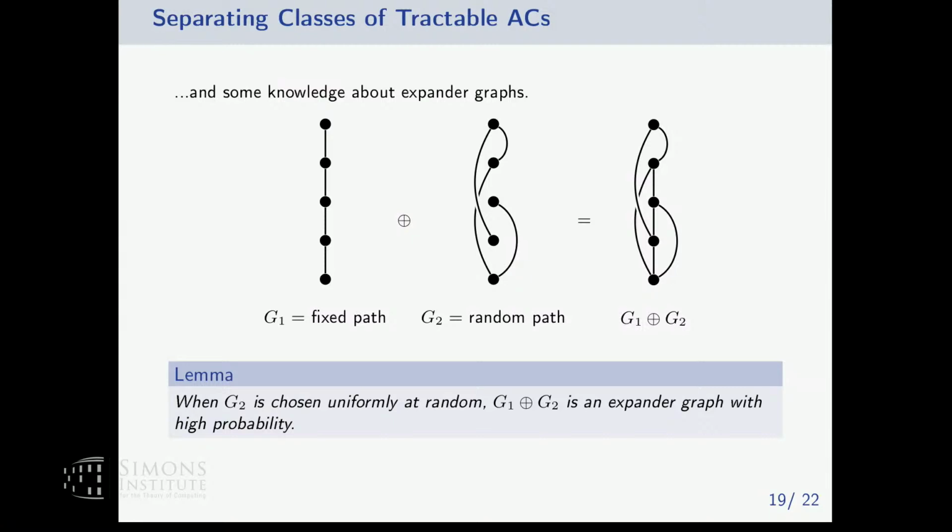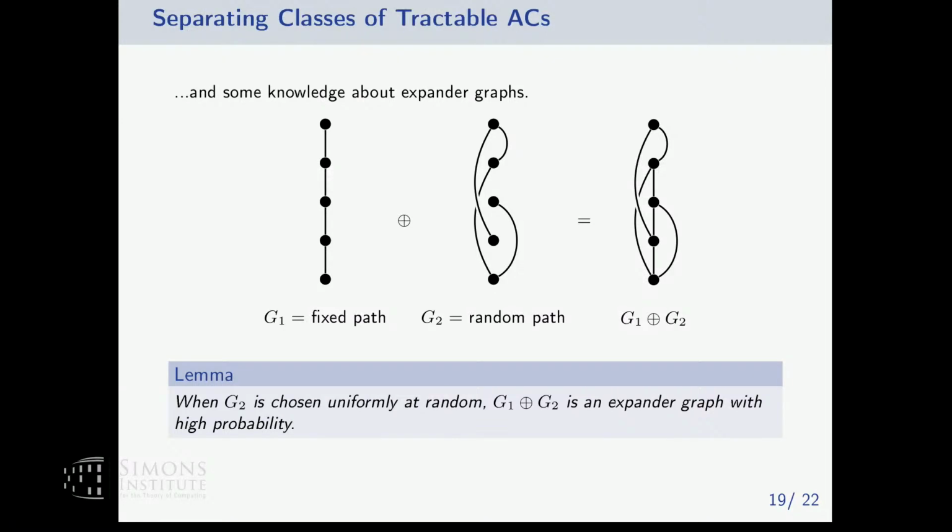And now I claim, and I'm not going to prove it, but I claim that it's true. Well, I mean, I've done the proof. But if you choose G2 uniformly at random, then this graph here is an expander with high probability. And not only is it an expander, but it's easy to see that all the vertices have degree at most 2 from each path, so everyone here has degree at most 4.